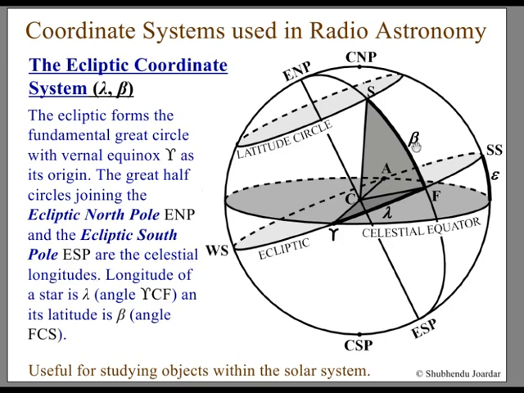So these things are the celestial longitudes. Longitude of a star is lambda, angle gamma CF. Angle gamma CF, this is the longitude. We have several such longitudes like this, and this angle is the longitudinal difference. And its latitude is beta, this one.